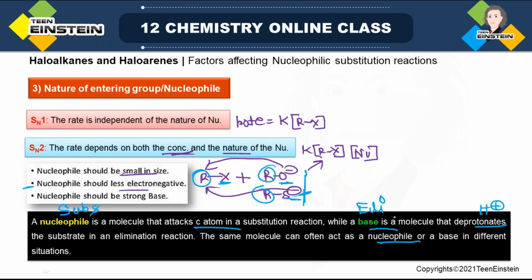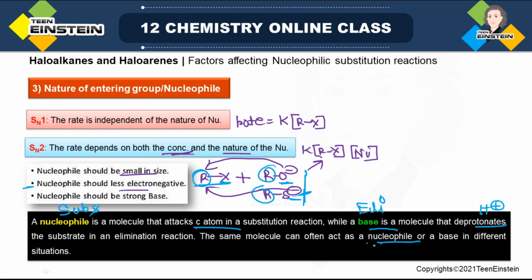So you will see that when you keep the alkyl halide part the same and just change the conditions, the species you have taken as reagent can behave as a nucleophile in some cases, but if you change the conditions, it can also behave as a base. When it is behaving as a nucleophile, it will attack some carbon, and when it is a base, it will attack H. Fine. So this is the difference.